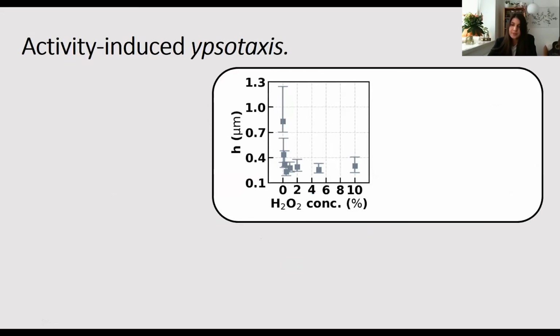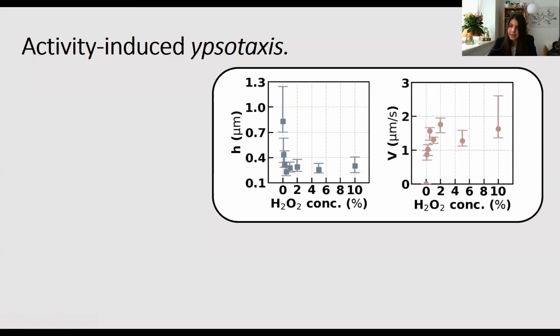And to test this hypothesis, we performed experiments in which we start from the passive state, so there is no fuel, no hydrogen peroxide, and we measure just by adding at first a bit of hydrogen peroxide. We immediately saw that the particles would move from further from the wall, they would come closer to the wall, and then very fast the distance from the wall would plateau.